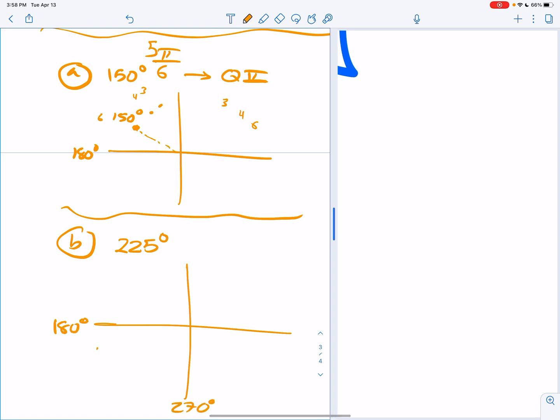So I know 225 is somewhere here, okay? Now, the cool thing about these angles, anytime it ends in a 5, you know it's always going to be the middle angle. It's always going to be the middle angle. And the middle ones always have a radian of something over 4. Always, always. Okay?